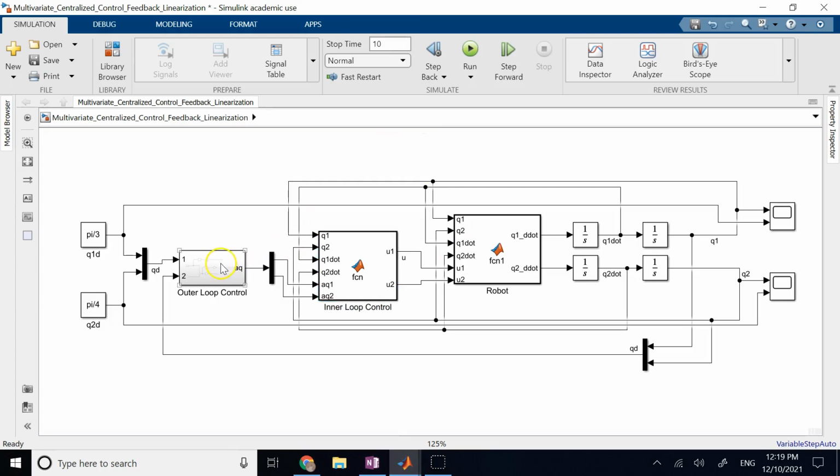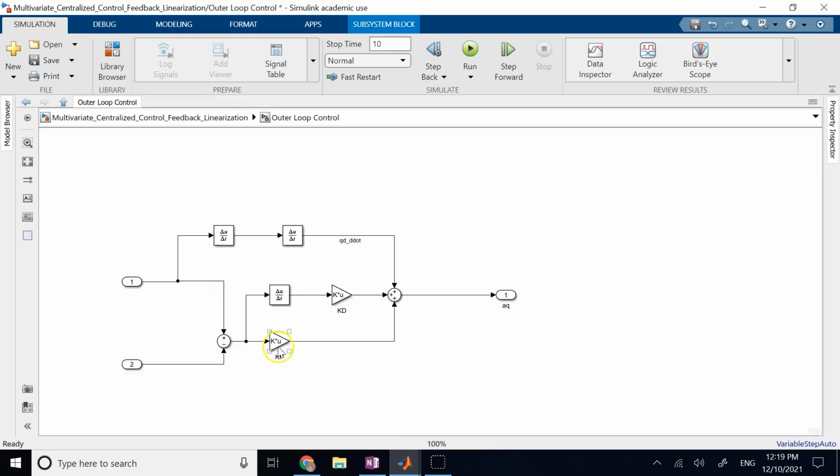And the outer loop, if you remember, has the goal of having a PD term, which you can see here. First, the error is generated, so this signal is the error, because QD came in and Q came in. Subtract to get the error, multiply by KP, and multiply the derivative of it by KD.